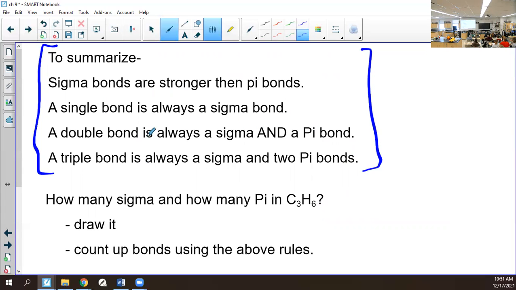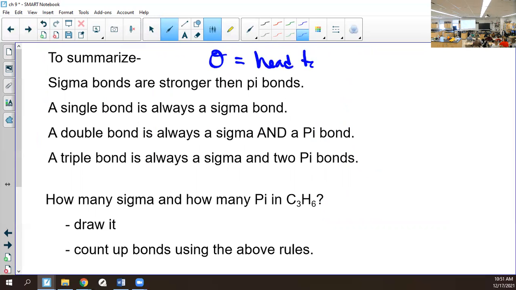A triple bond is always a sigma and 2 pi bonds. I should probably add here somewhere: sigma equals head to head overlap. Pi equals side to side.